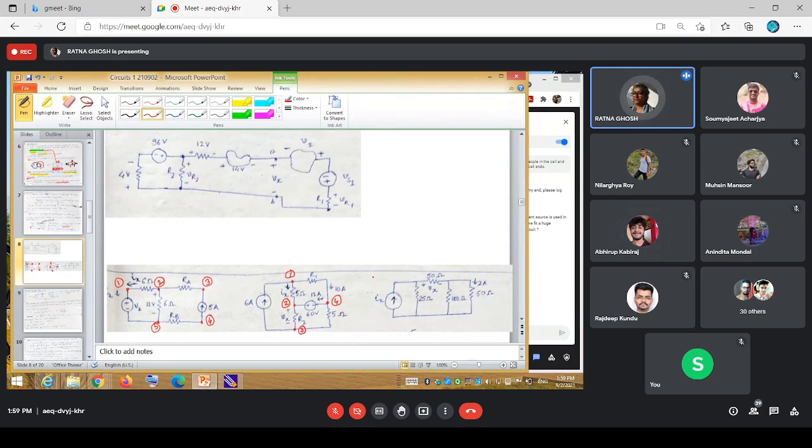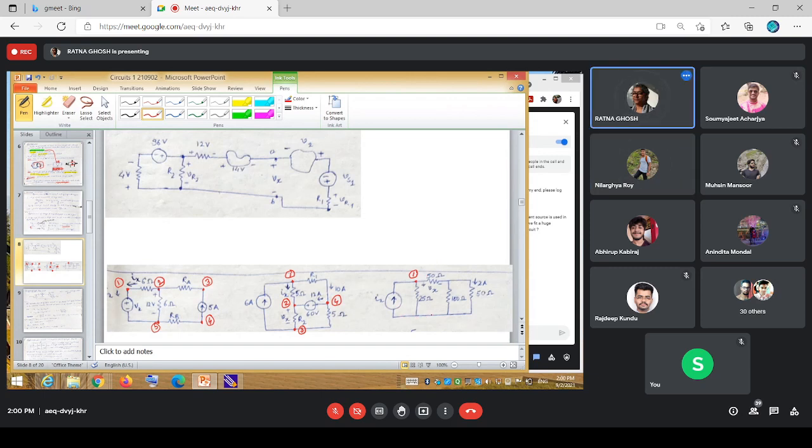How many nodes? Tell me the node locations. The 50 and 25 junction. This one is one. And the 25 and 150, a single junction at the bottom.